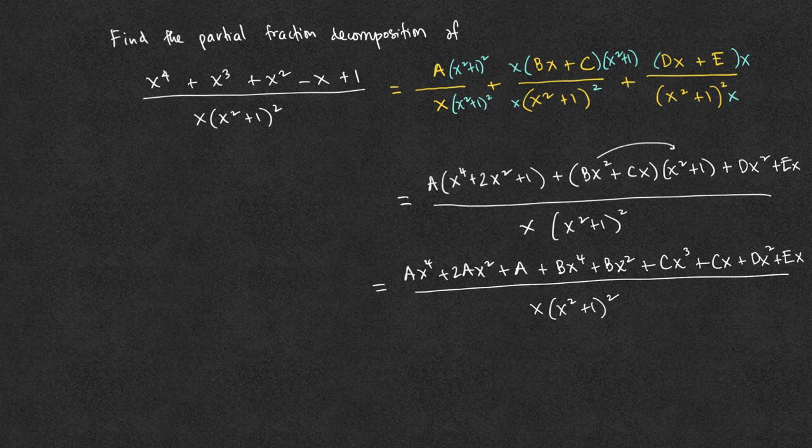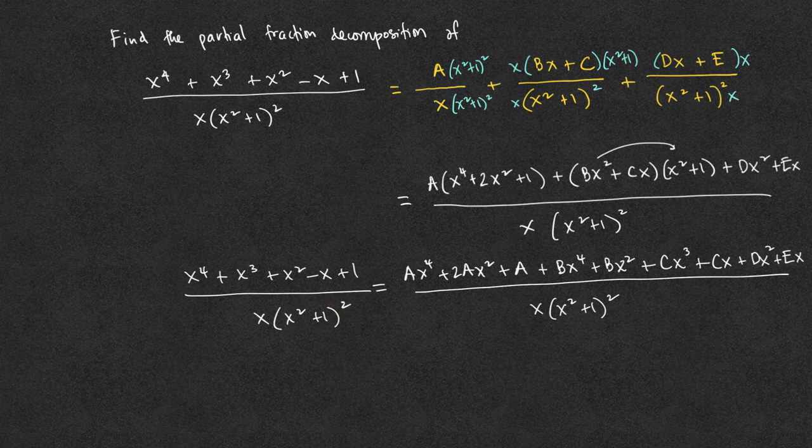This needs to be the same as the given rational expression, which is x to the fourth plus x cubed plus x squared minus x plus 1 over the same denominator, x times (x squared plus 1) squared. For these two fractions to be the same, we have the same denominators already.